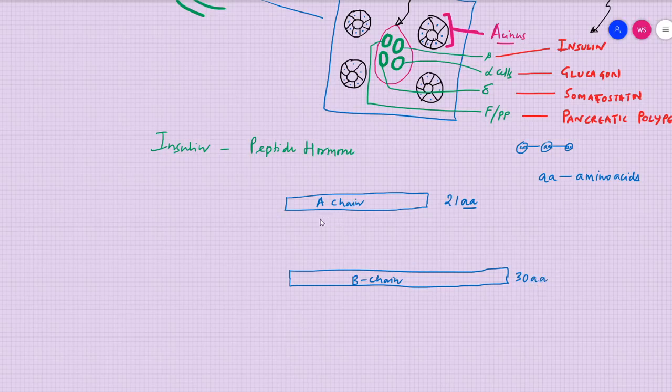So the A chain and the B chain are linked to each other by disulfide bonds. Okay, so there are two disulfide bonds. So two disulfide bonds link A chain with B chain.